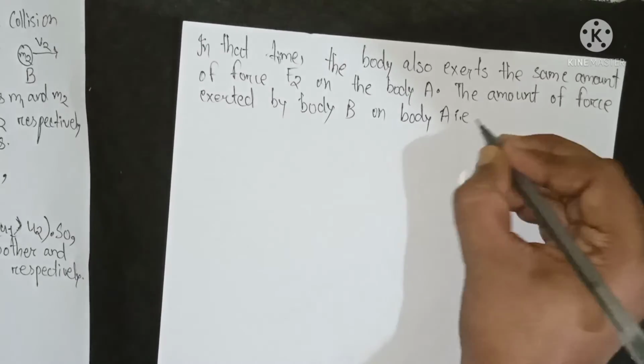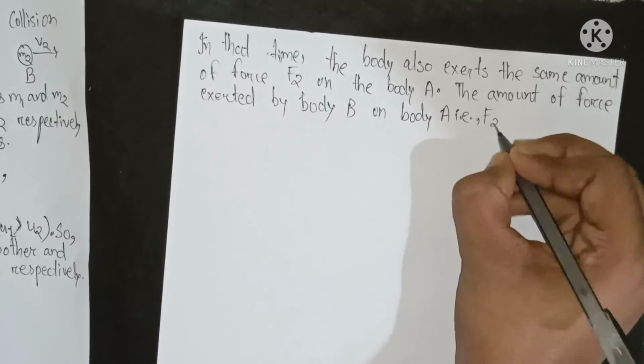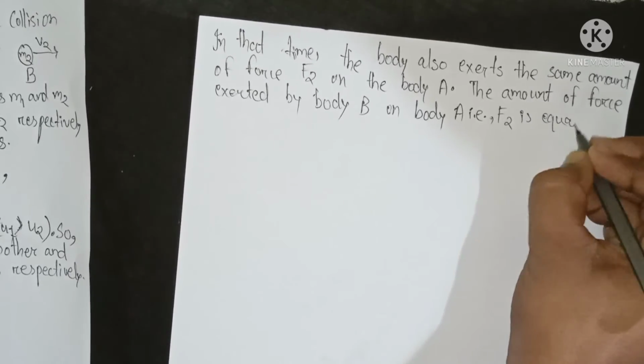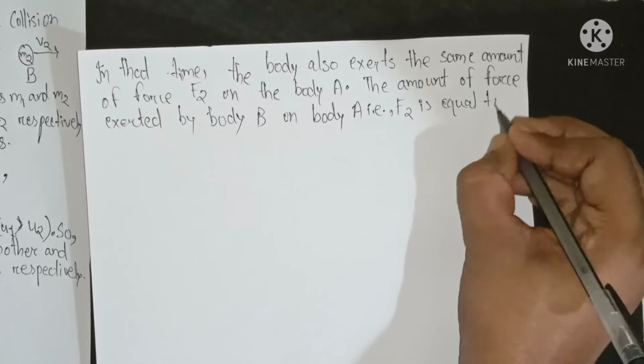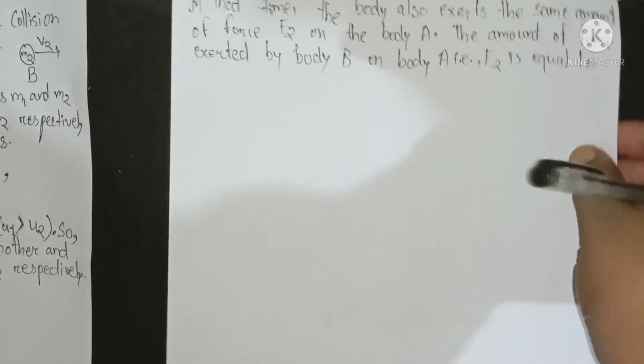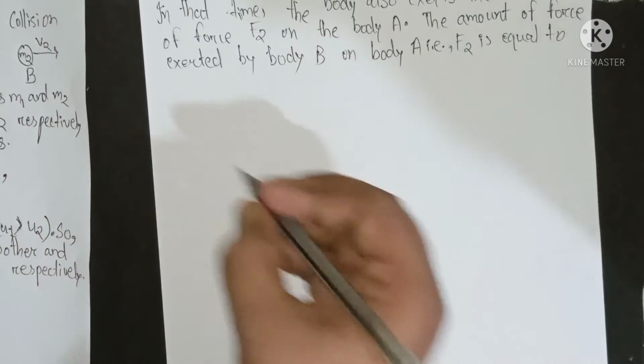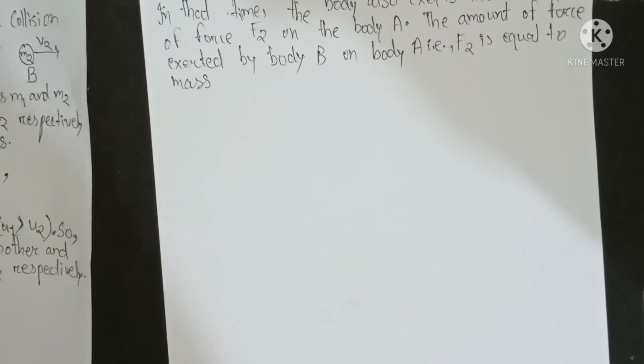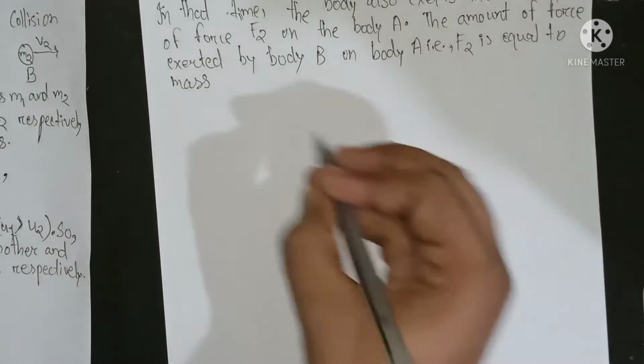i.e., F2, meaning force 2, is equal to the mass of A multiplied with its acceleration. Let me focus. Okay, that's fine.